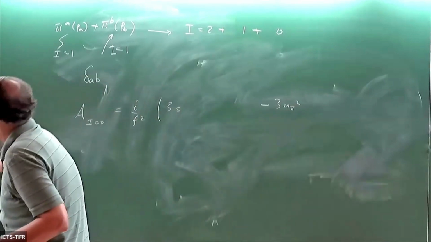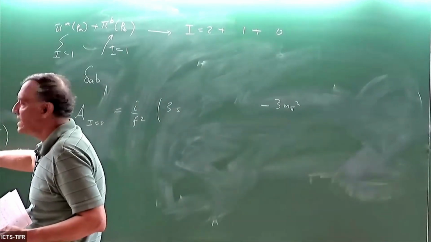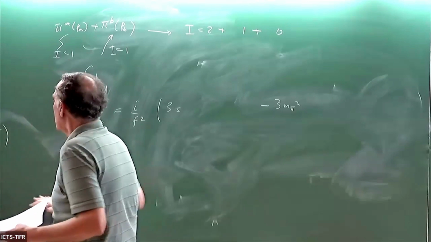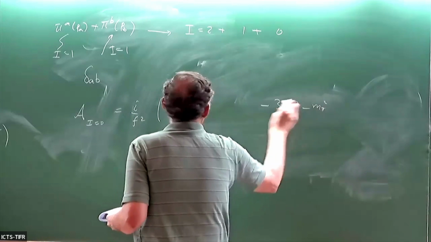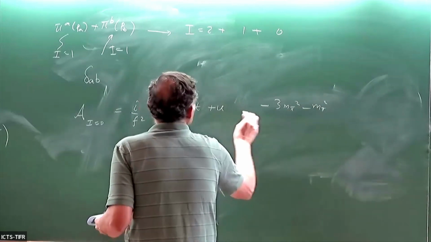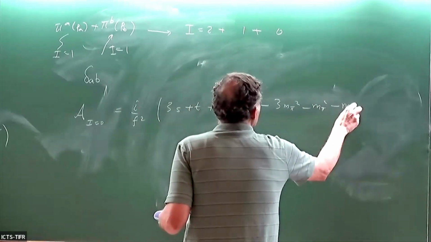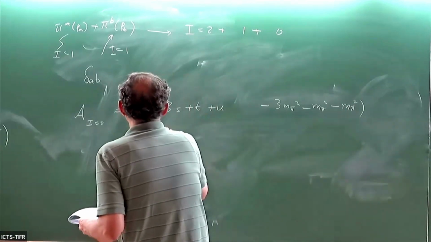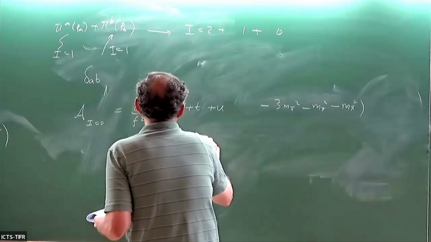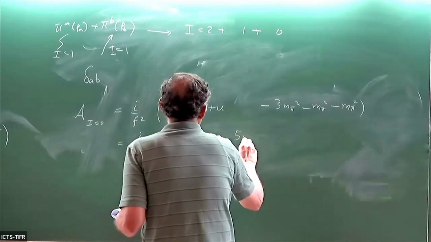This term, when I multiply it by delta AB, gives me delta CD with a coefficient of 1. So that gives me plus t minus m pi squared. And the last term gives me plus u minus m pi squared. So this whole thing is i over f squared (3s plus t plus u minus 5m pi squared).